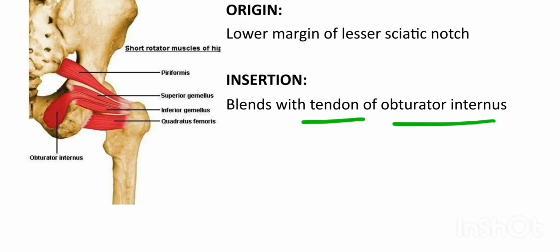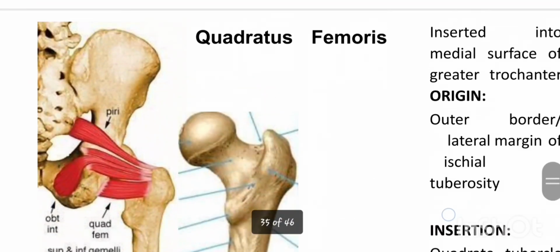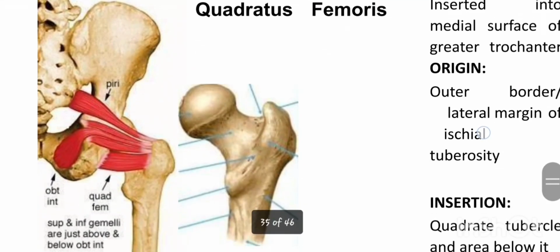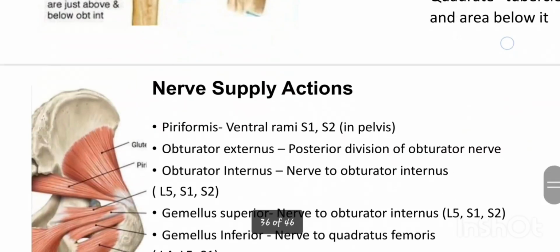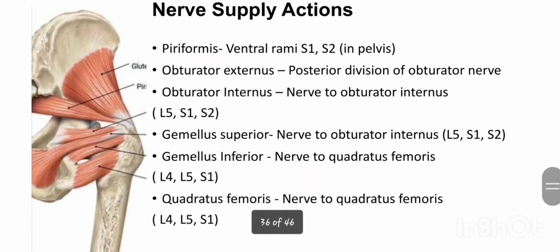Coming to the quadratus femoris muscle, it originates from the ischial tuberosity and is inserted into the quadrate tubercle.